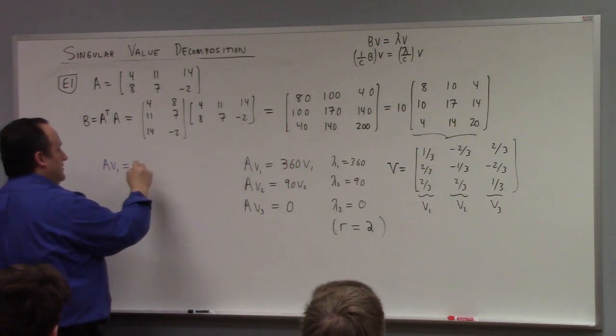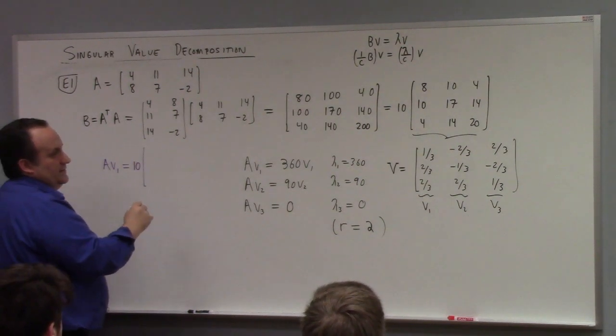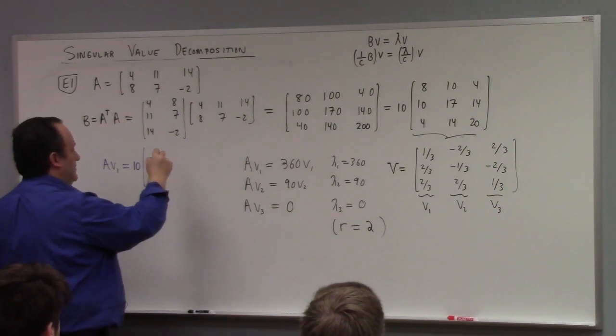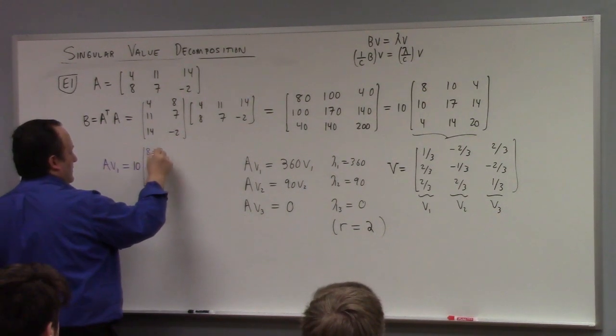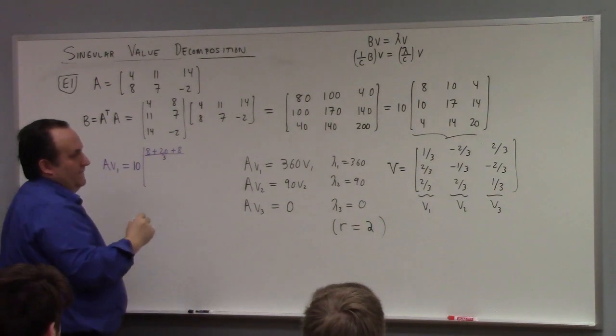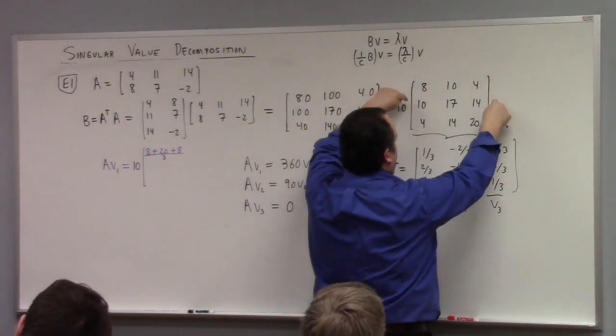So AV1 is 10 times what? 8 plus 20 plus 8 over 3. See what I'm doing? I'm just multiplying this times this.